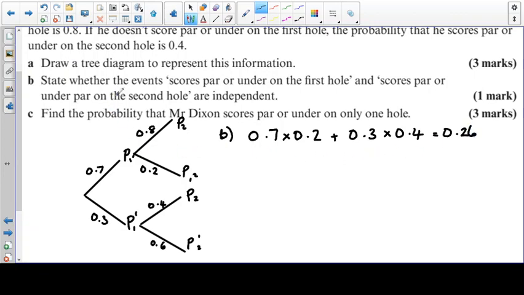Again, they're asking about independence. You can just see from the branches that they would have the same probability if one thing was independent of the other one.